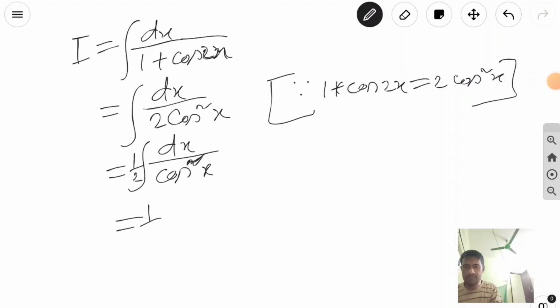Now half integration, 1 divided by cos square x equals sec square x. So sec square x dx.